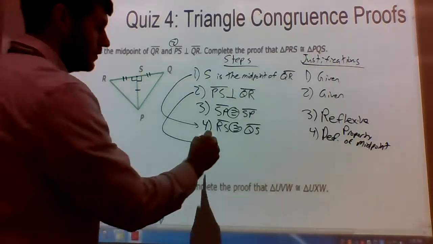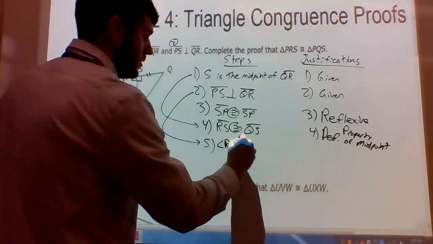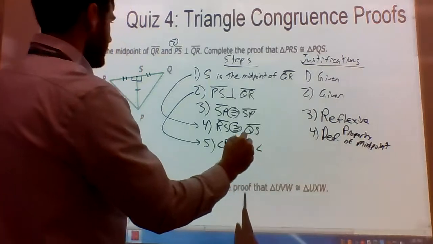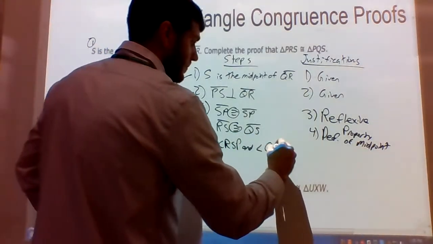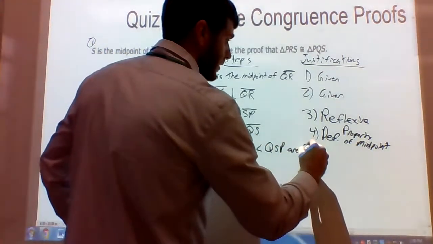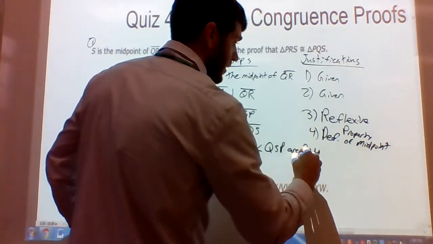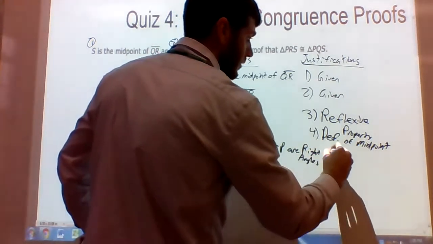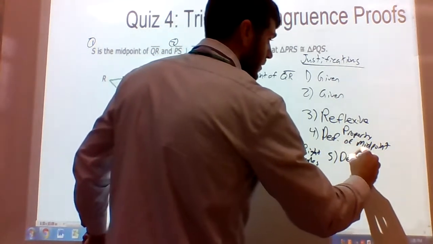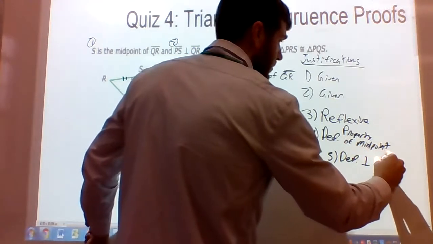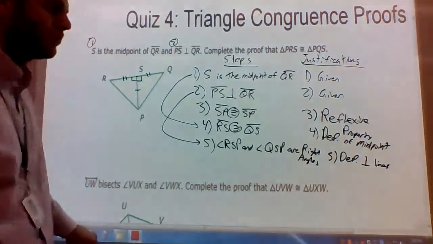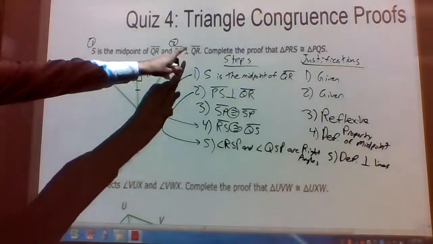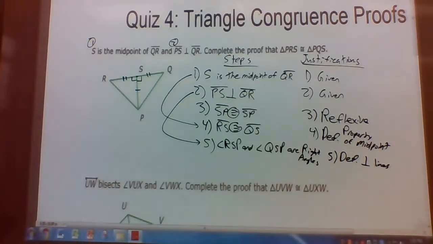So angle RSP and angle QSP are right angles. And again, that is the definition of perpendicular lines. Again, the symbol, the upside down T, means perpendicular.